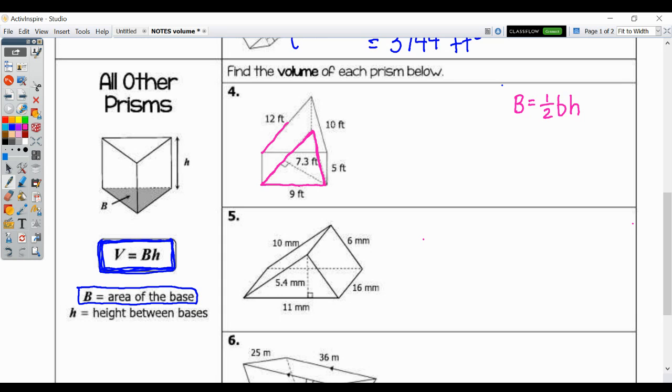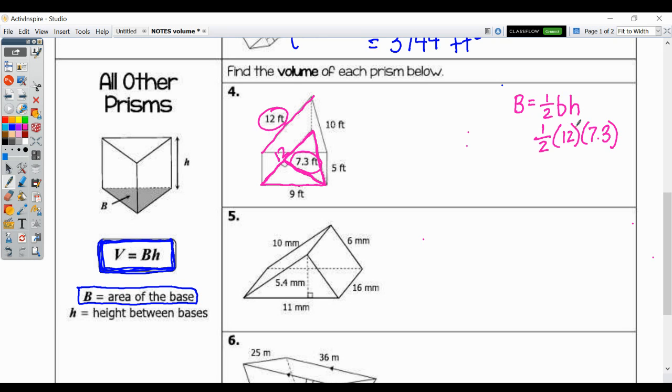If this right here is 12, that means the base of this bottom is going to be 12. So the base of my base is actually 12. The height is going to be from the bottom to the top point right here, which is this 7.3.